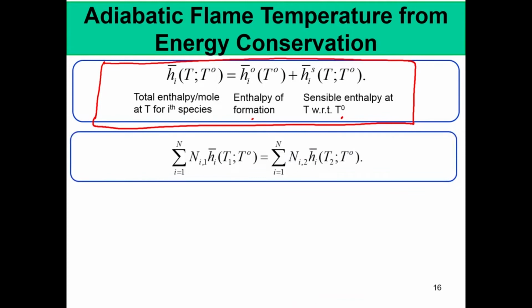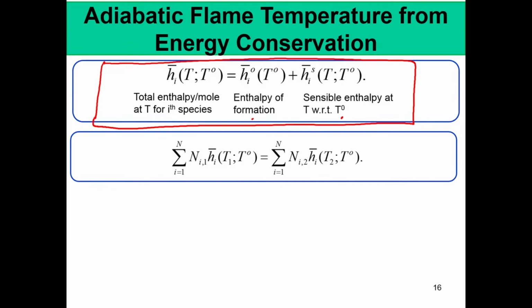Now, suppose a combustion is happening at constant pressure inside a vessel, and the vessel walls are sealed. So, there is no heat crossing the control volume boundaries or system boundaries. Essentially, it is energy from the chemical bonds becoming sensible enthalpy or vice versa.